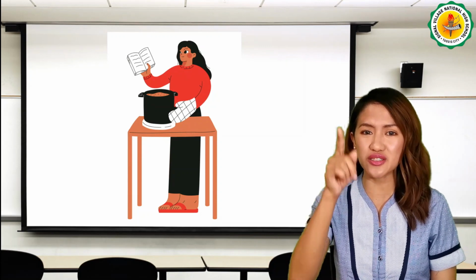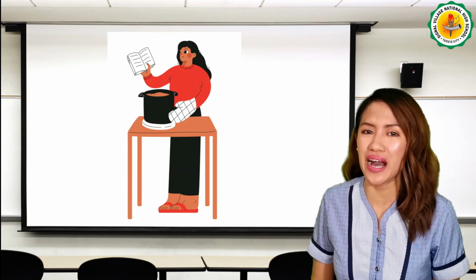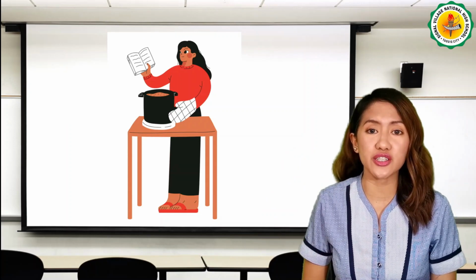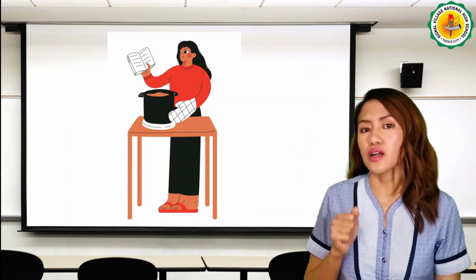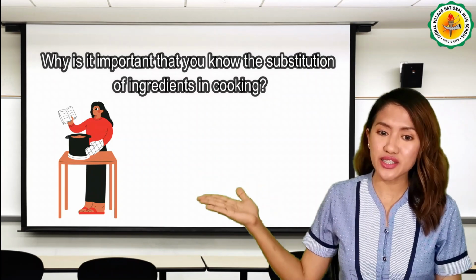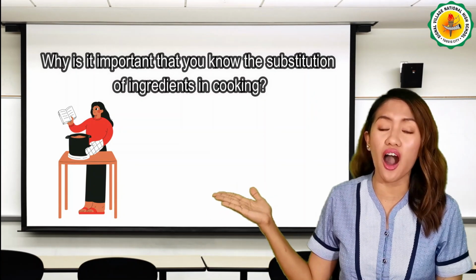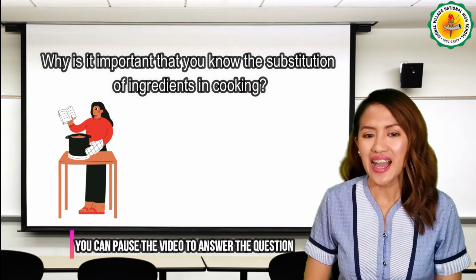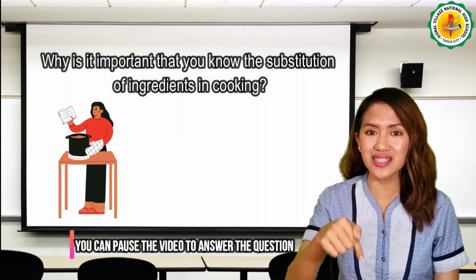Before we get into that, let's recall our past lesson. In the comment box, I want you to type your answer to this question. The question is, why is it important that you know the substitution of ingredients in cooking? Answer this in the comment box.